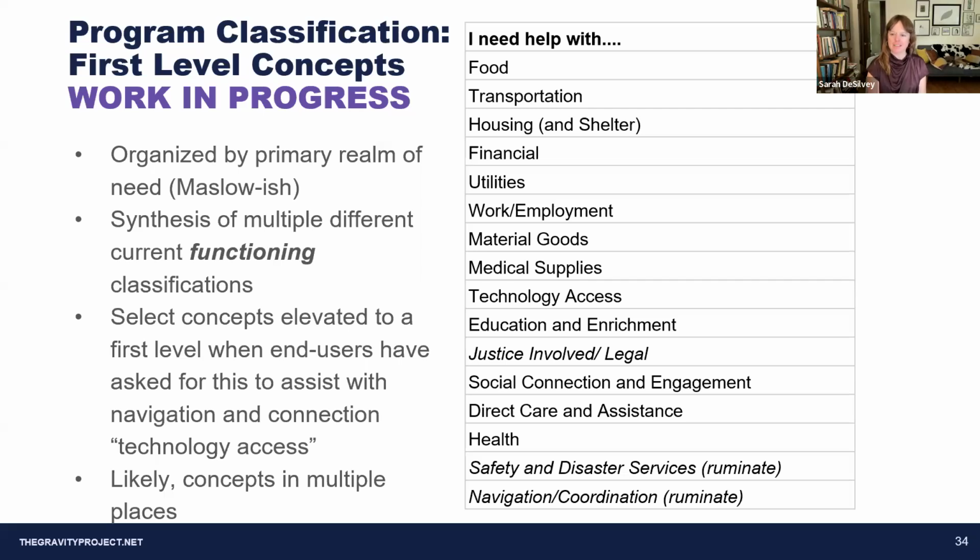Okay. Got it. One thing I want to note that's a little different too, and Elena or any of the SMEs can talk about this: we're calling this a classification rather than a taxonomy for a couple reasons. There's a lot of science behind a taxonomy, but also because we imagine things being in multiple places.